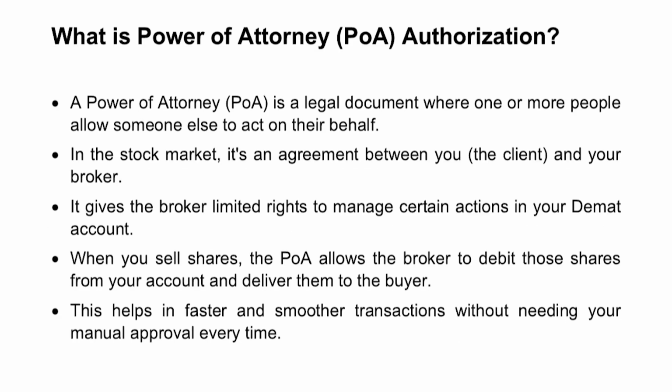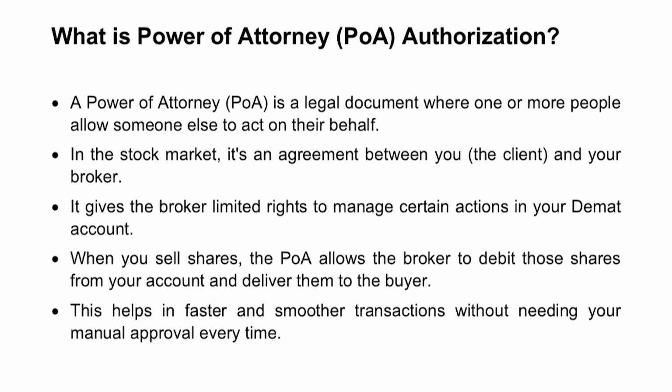Now, let us understand the concept of power of attorney. We had discussed that when the broker does not have the POA or DDPI, then the investor needs to give them the authority to transfer the shares with the help of the DIS. So let us first understand what we mean by the term power of attorney, and then we will discuss the DDPI.